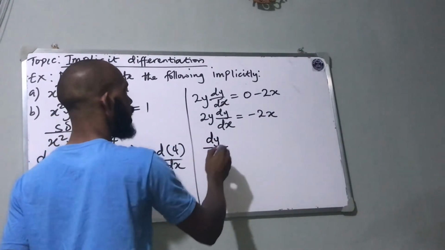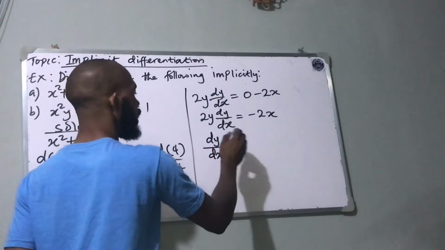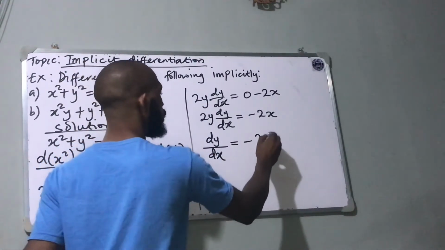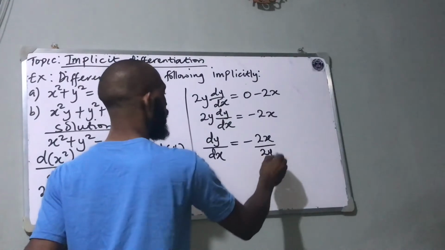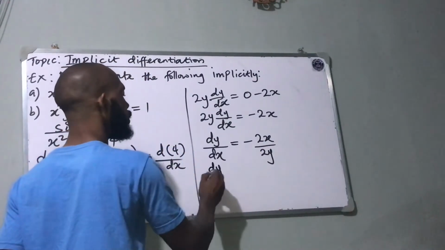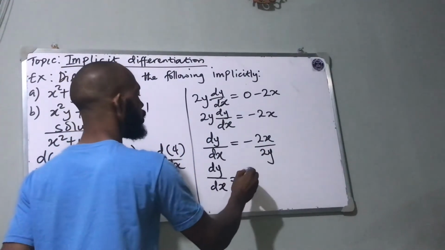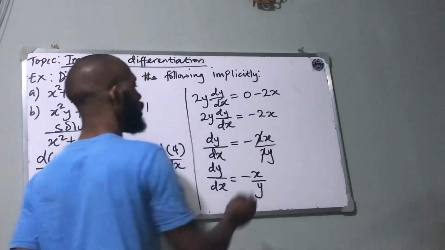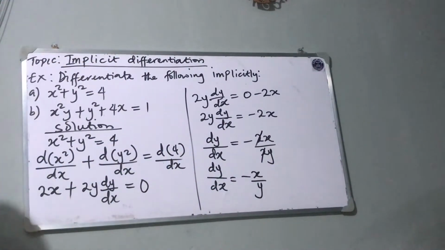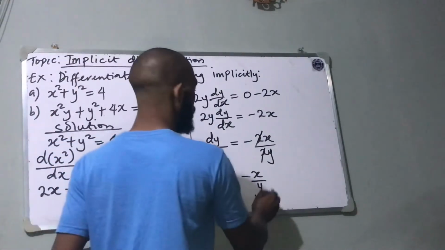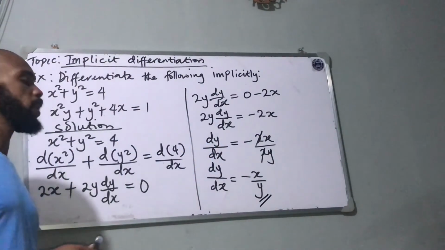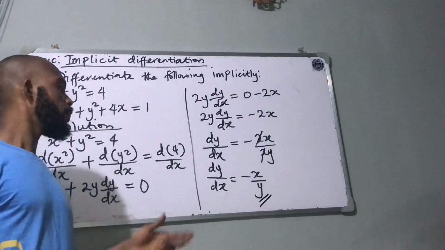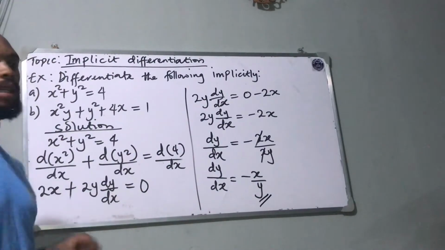If I divide both sides by 2y, I should have minus 2x over 2y. I can as well reduce, canceling out the 2, and I'll be left with minus x over y. So this is the differentiation of this implicit function.